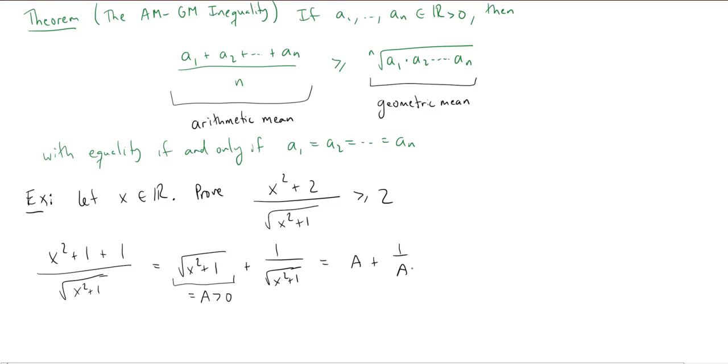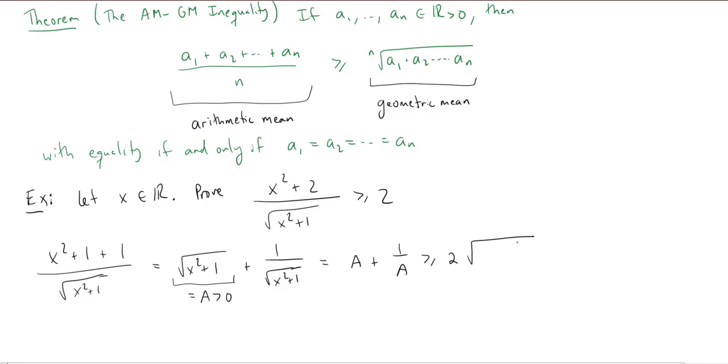I can use the AM-GM inequality on two positive things. All right? So AM-GM says if I add those together and divide by 2, well, I'm not dividing by 2, but I could always move this 2 to the other side of the inequality because it is positive. So this is going to be greater than or equal to 2, right? I'm moving the 2 on the bottom over to the other side.